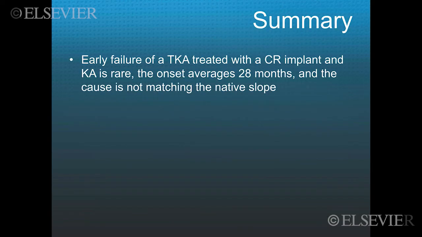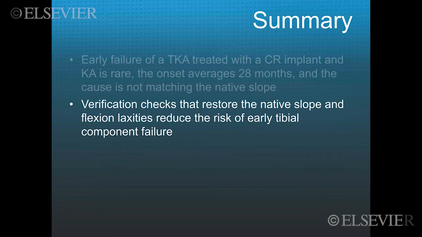So to summarize, early failure of a kinematically aligned total knee arthroplasty treated with a CR implant is rare. The onset averages about 28 months, and the cause is not matching the native slope, most typically putting in greater posterior slope than the native slope of 4 degrees or more.